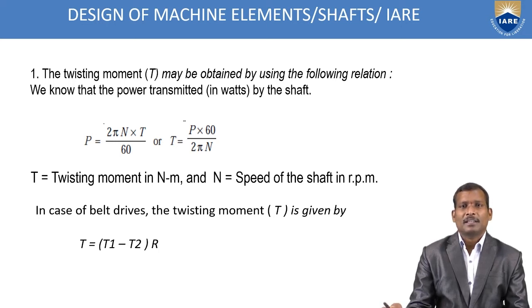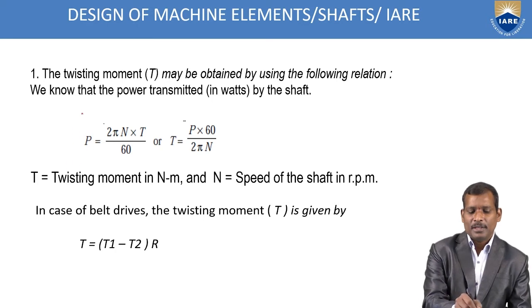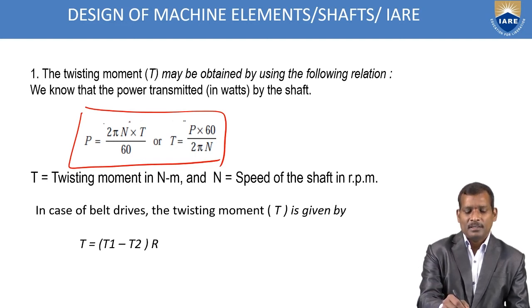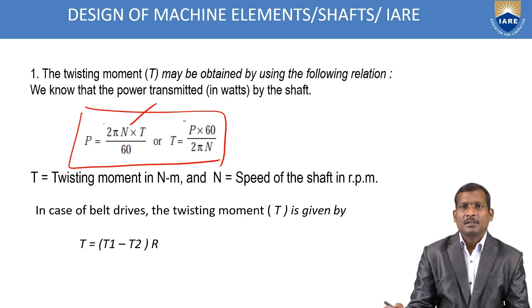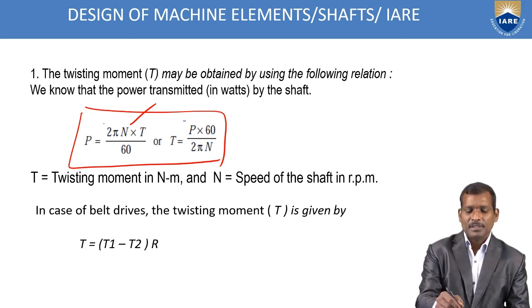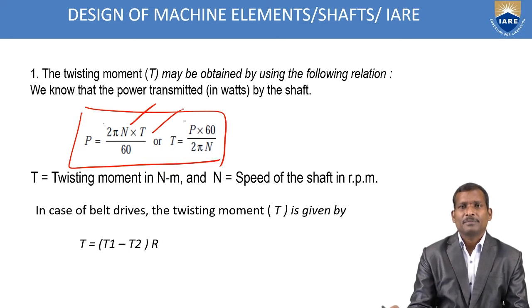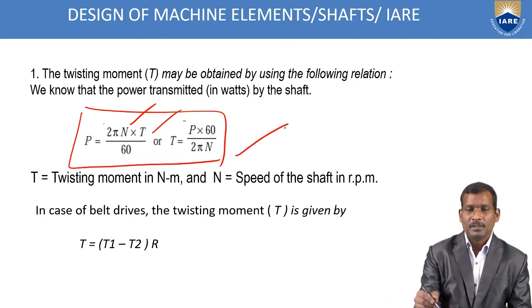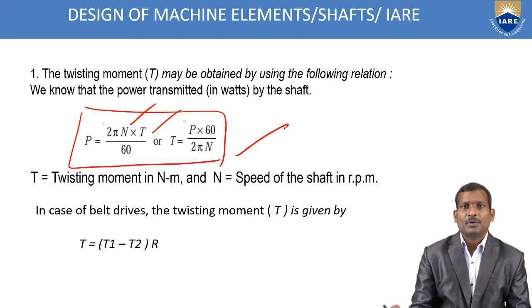So the twisting moment may be obtained using the following relation. How do we calculate that torque? By using P is equal to 2 pi N T by 60. Power is equal to 2 pi N T by 60, where N is the number of revolutions of the shaft, that is the speed of the shaft, and T is the twisting moment in Newton meter. If you know the power value, you can calculate the twisting moment: T is equal to 60 P by 2 pi N. Use this equation for calculation of twisting moment.